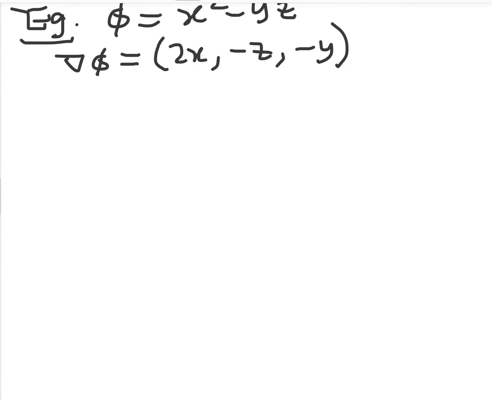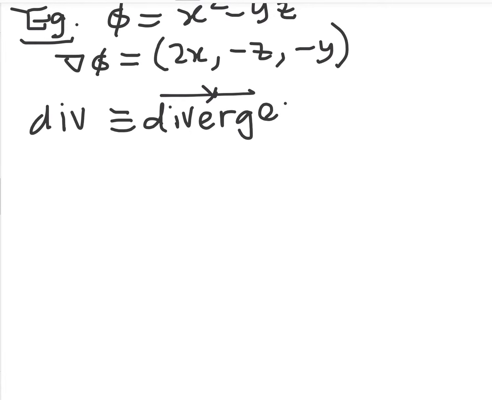Following from that, we will define the div operator. So the second operator is the divergence operator. Or let me just say that div is short for divergence. And the divergence operator operates on a vector to give us a scalar.